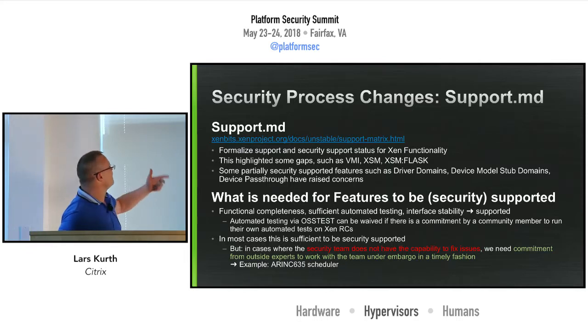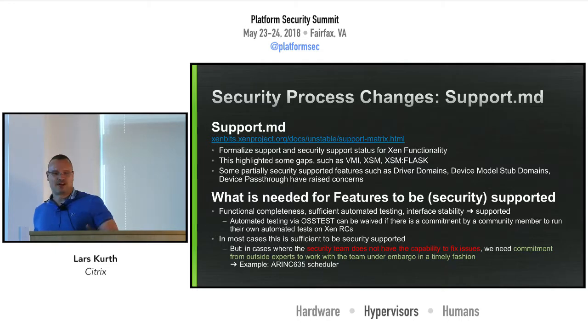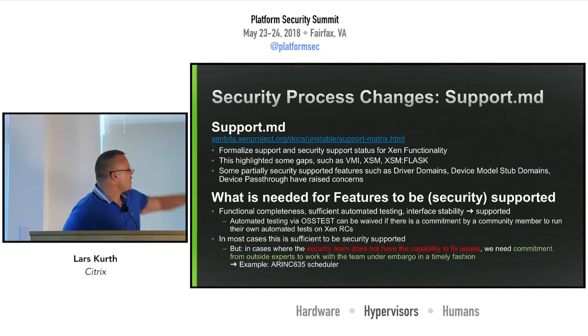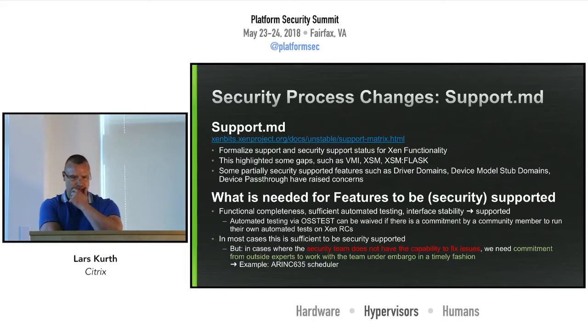So we started formalizing this through support.md, which is basically like a maintainers file. It specifies all the components and how they're supported and caveats and so on and so forth. And then we generate nice little documents from it now per release.